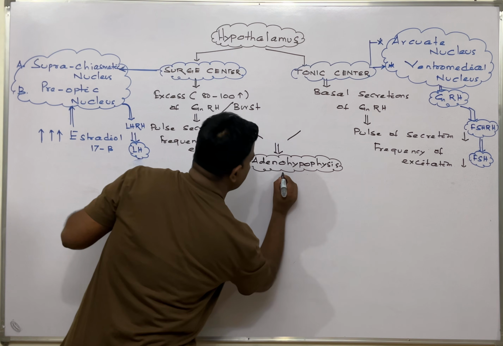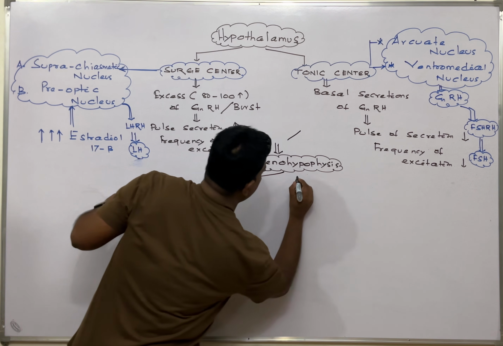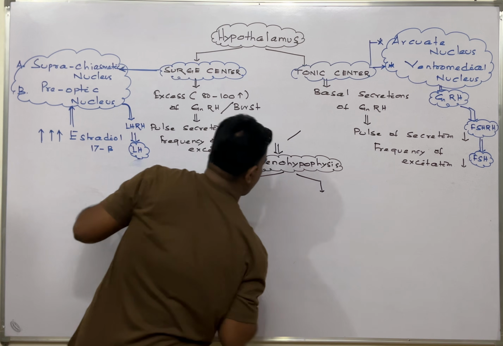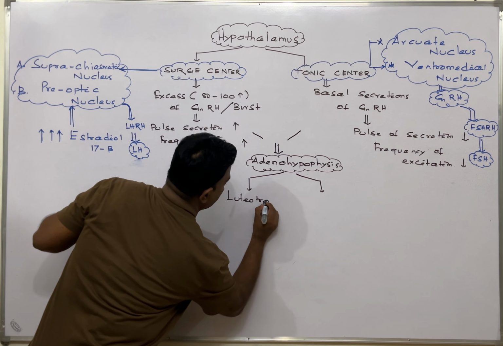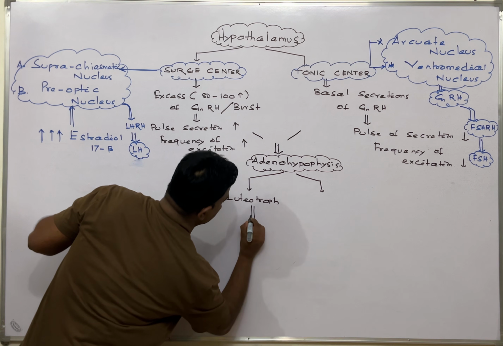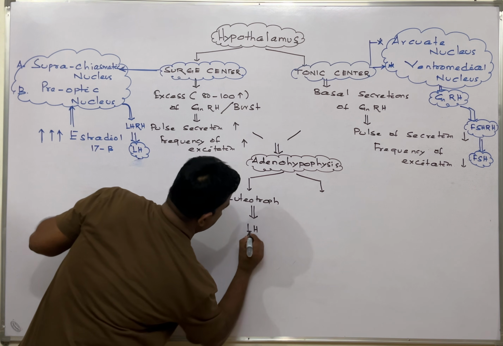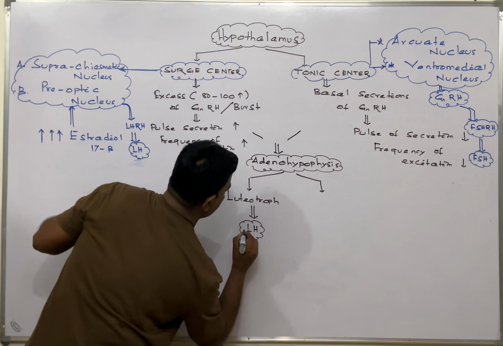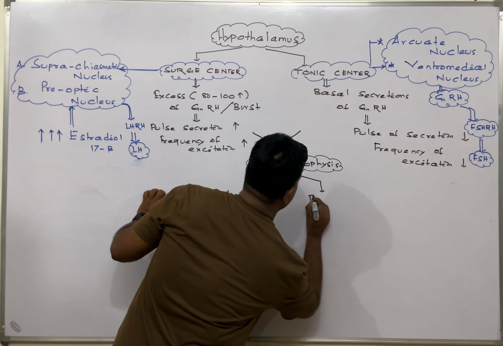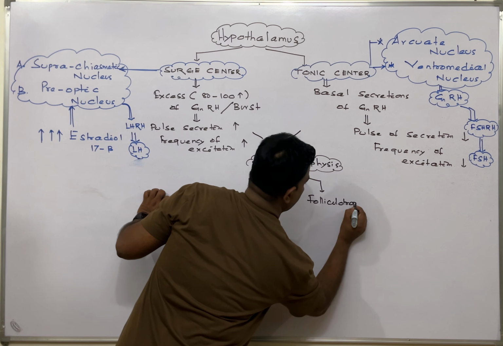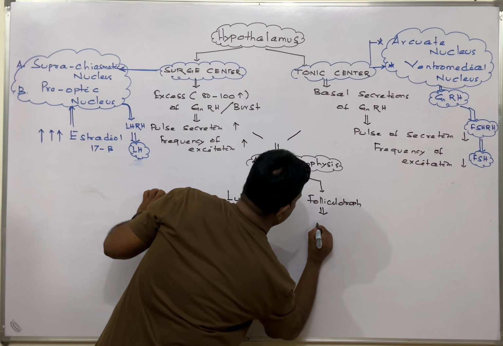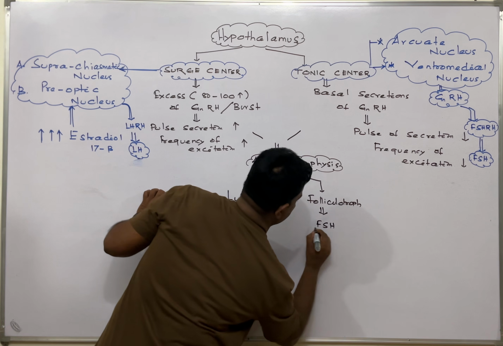Here in the anterior pituitary we have two types of cells: luteotroph cells, which mostly secrete LH, the point to be noted, and the adenohypophysis also contains the follicular-trop cells, which secrete FSH.